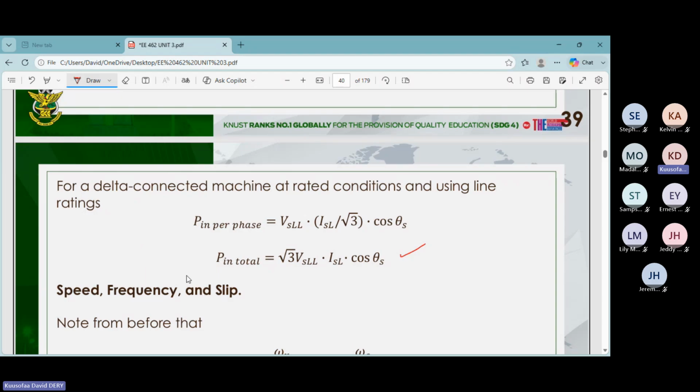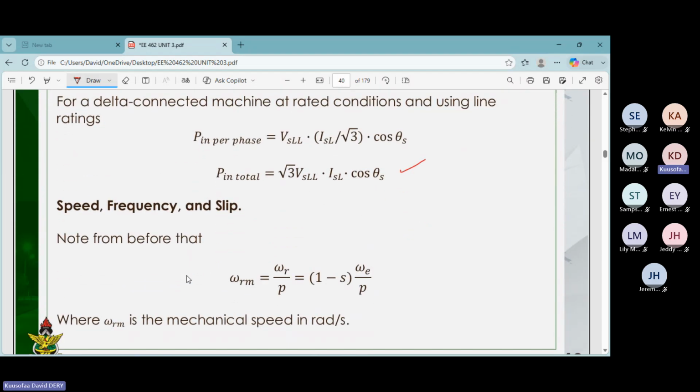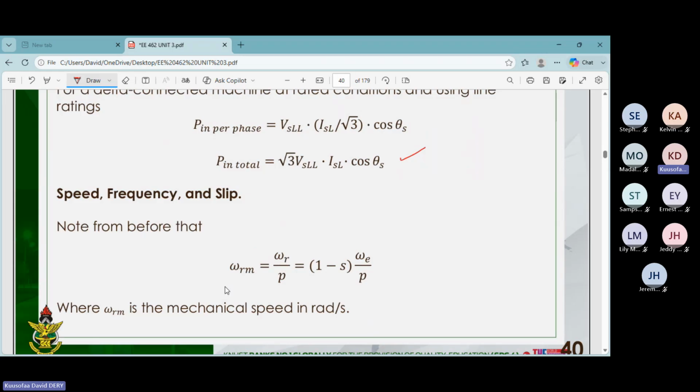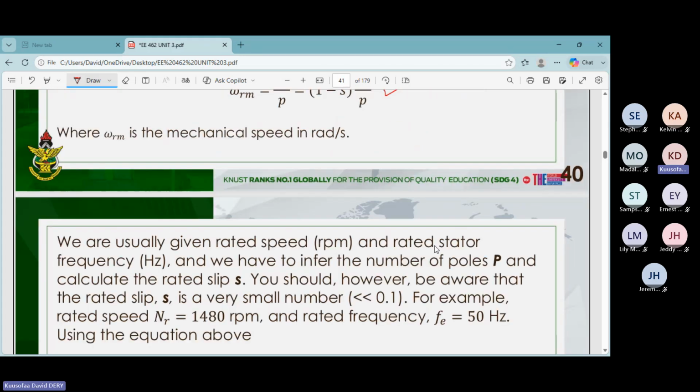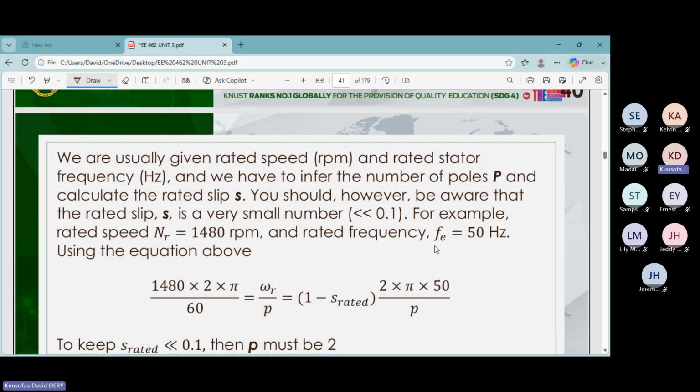So note from before, we should take note of the mechanical speed in radians per second. You have to divide by the number of pole pairs. So let's take note of this. Let's remember this. We are usually given the rated speed in RPM and the rated stator frequency.